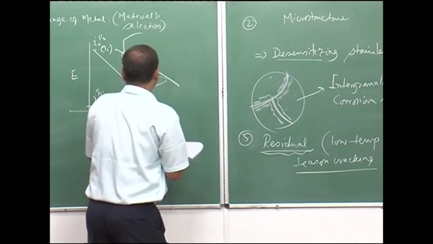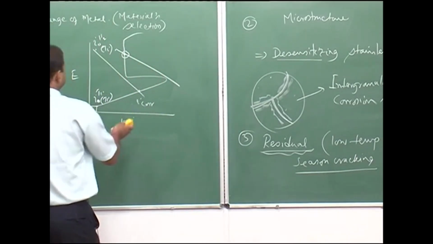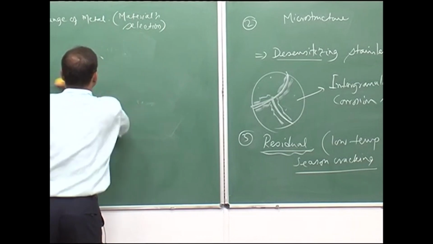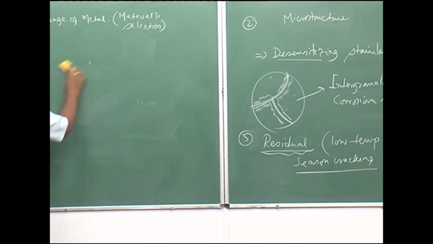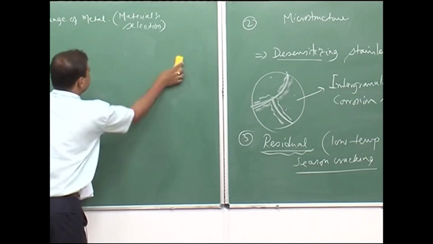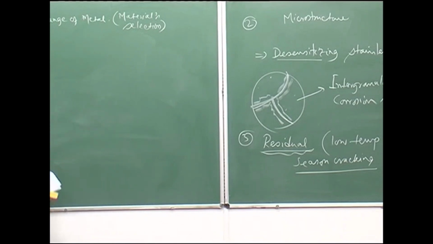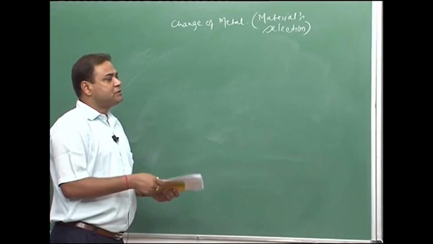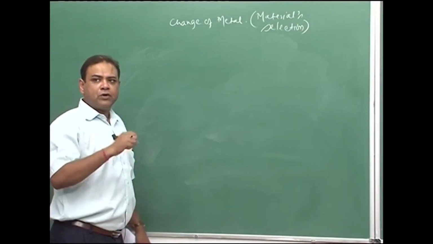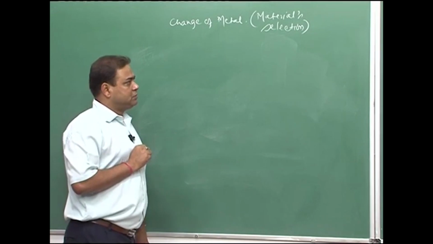Now, the fourth one is compressive stress. Of course, if we do shot peening, we can improve the fatigue property to a great extent. Fatigue resistance can be improved, and also the corrosion fatigue resistance can be improved.